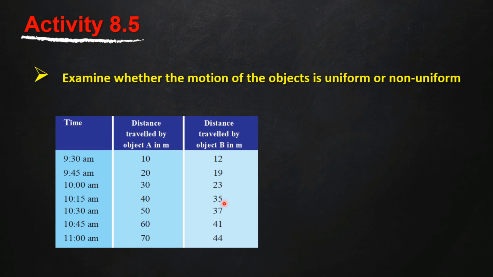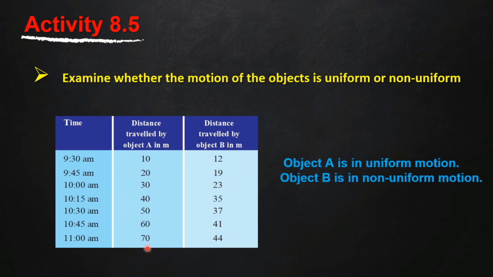That means 12 meter. Then, for the next 15 minutes, it travelled only 2 meter. Then, for the next 15 minutes, it travelled 4 meter. And then it is traveling 3 meters. So every time the change in interval is varying.